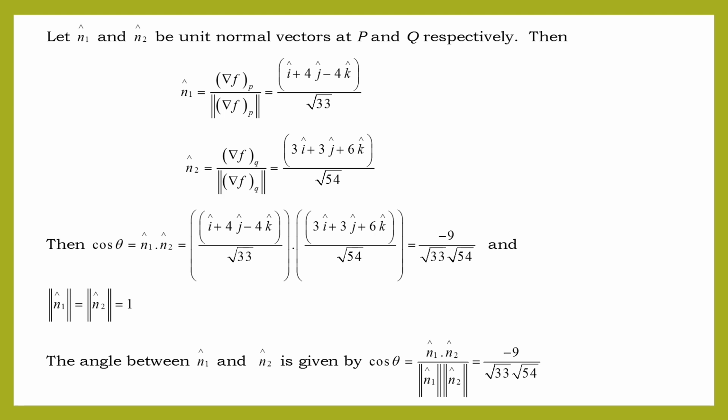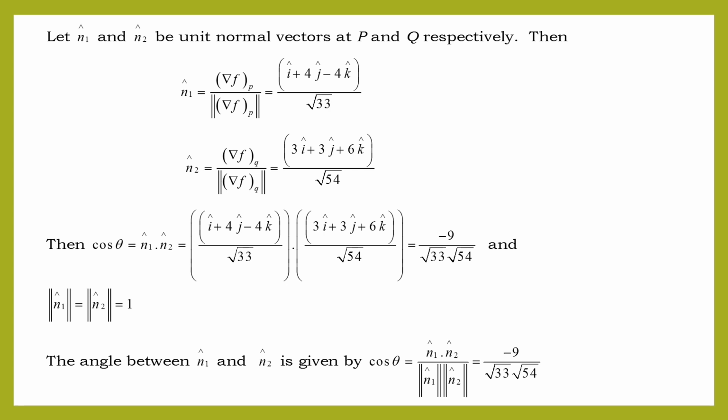We have seen that del f at P equals i cap plus 4j cap minus 4k cap. So norm del f at P becomes square root of 1 square plus 4 square plus 4 square, which equals root over 33.